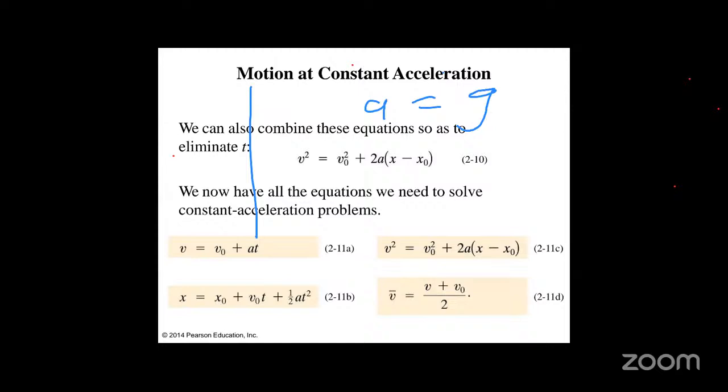And of course, if the object is falling down, it is moving towards the earth, in the direction of the gravitational pull, so G would be positive. But if the object is going up, G will be negative.